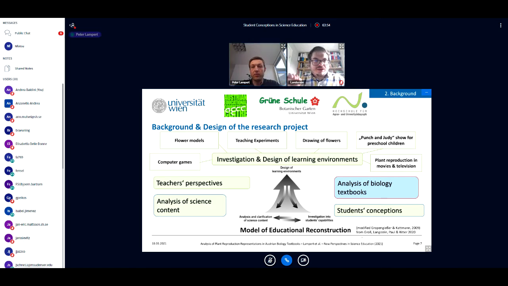So, one example is here, like the flower models, where students can play insects and where they can try to see how pollinators act. And yeah, so we explored a lot, and we also analyzed biology textbooks, not only because they are commonly used in Austria, but we also wanted to find out where do students' conceptions come from.